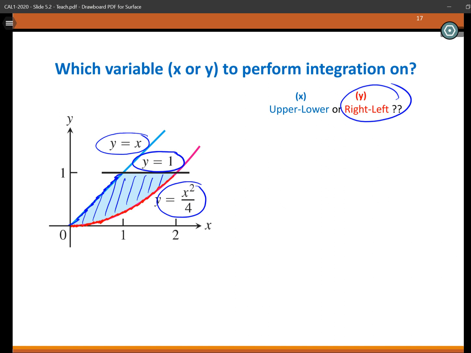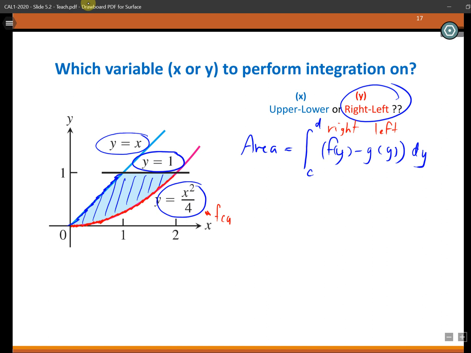Okay, so I'm gonna need this formula from c to d, fy minus gy. Integrate on y variable. Now I need to determine fy and gy. Fy on the right, gy on the left. So this must correspond to fy on the right, and gy, this straight line from the left.